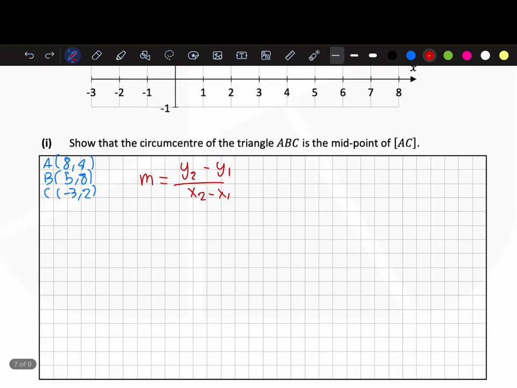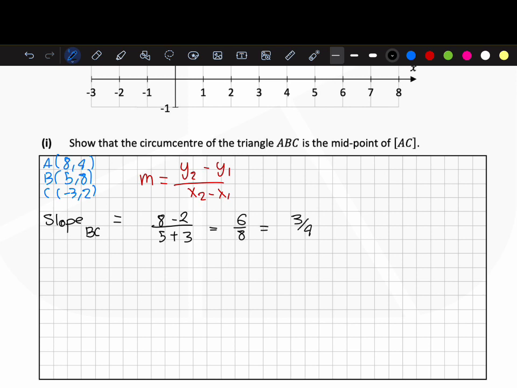And then we're going to find the slope from C to B first of all. So if I find the slope of BC, this is going to be equal to (8 - 2) over (5 + 3), which is going to be equal to 6 over 8, which simplifies down to 3 over 4.